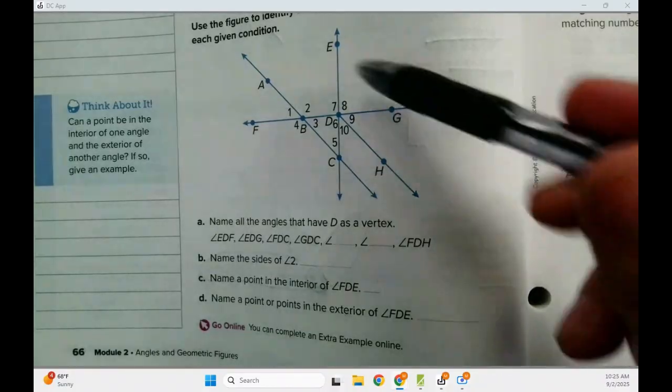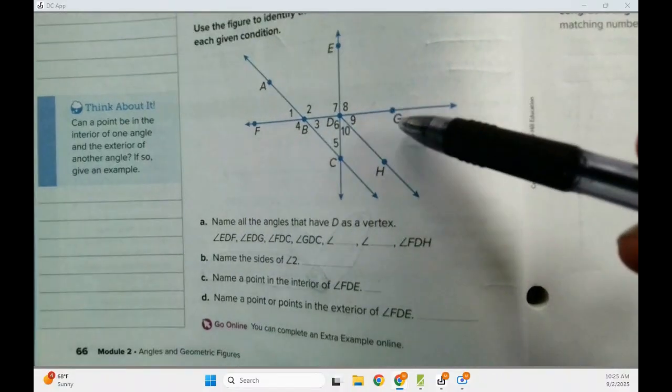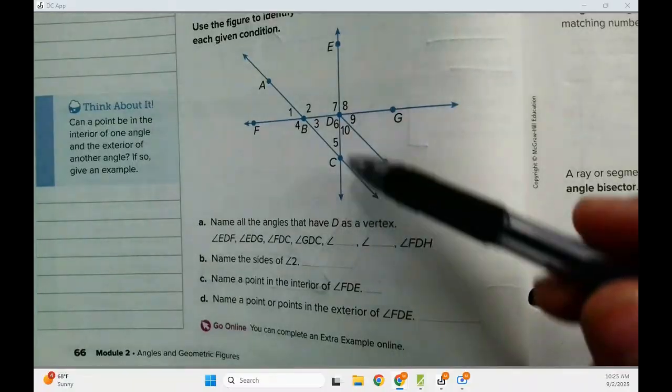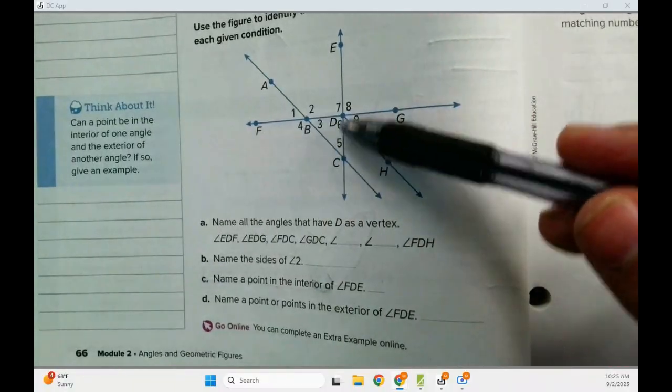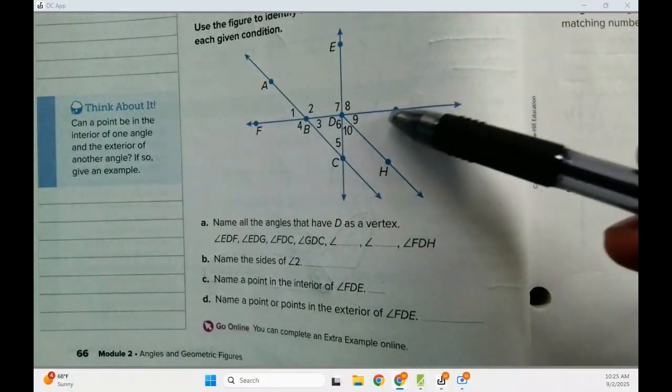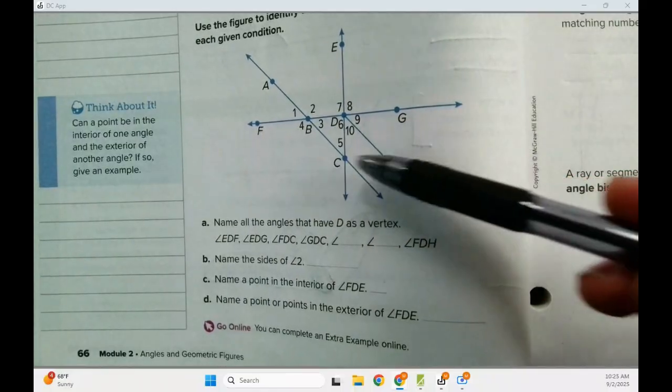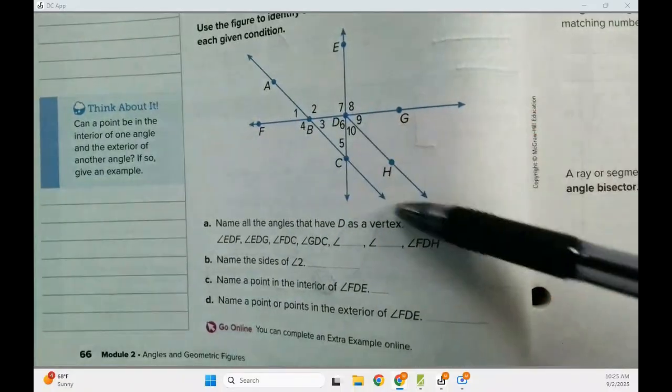It gives us EDG, there's one with the vertex right there. F to D to C. We've got G to D to C. It even says F to D to H.